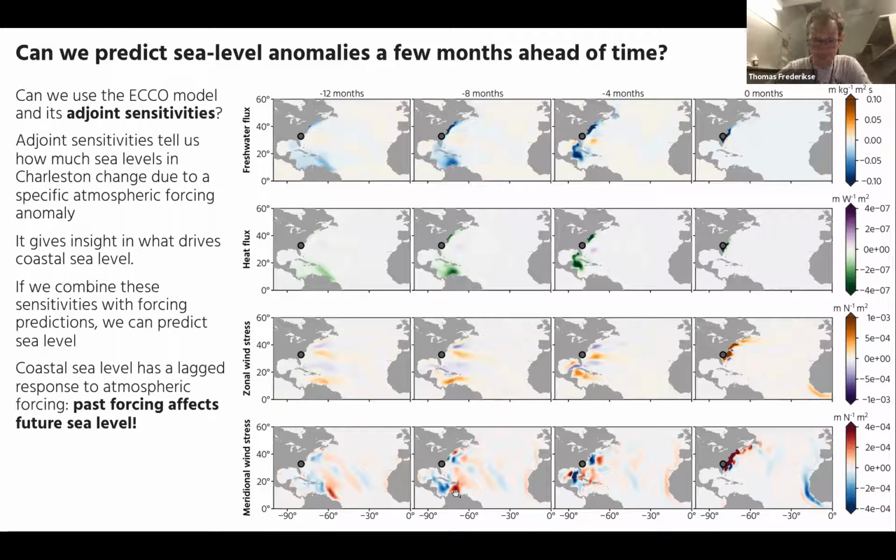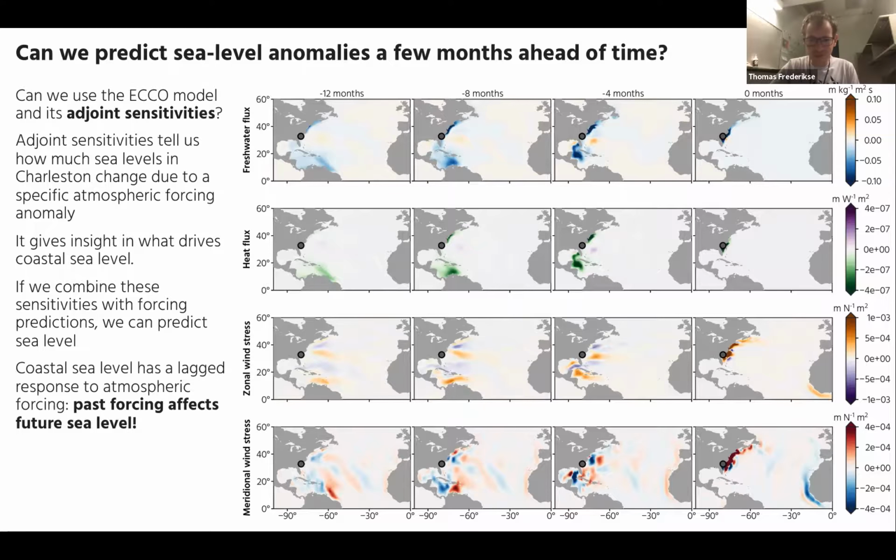For example, if we have observed a lot of precipitation here, then we know that 8 months later sea level in Charleston will change. So we can use both observations and forcing predictions to predict sea level. It's a delayed response to open ocean forcing.